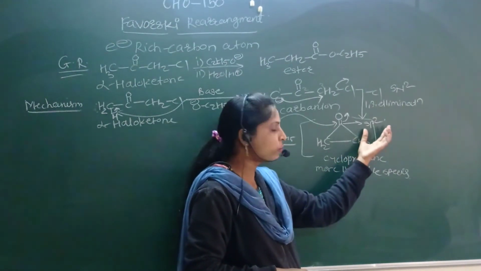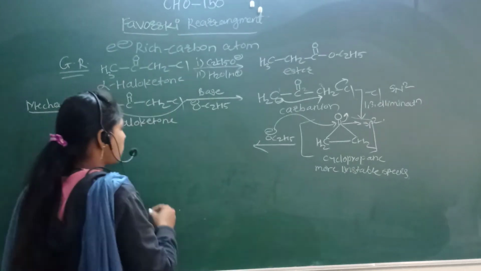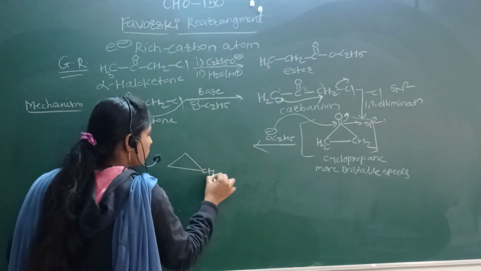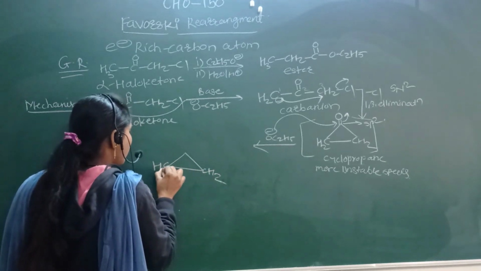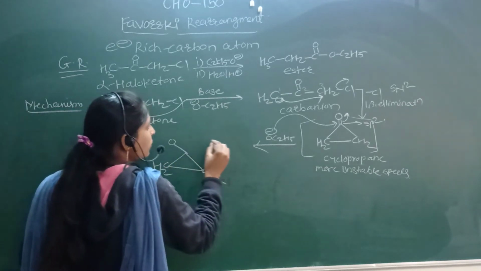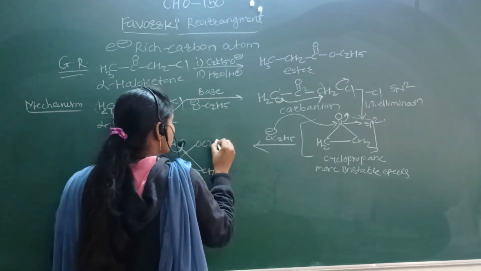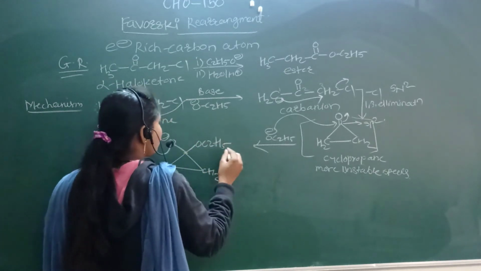Angle strain and the presence of the sp2 carbon. So formation in the next step, the CH2 as it is. Here is the formation of O minus and here the addition of ethoxide OC2H5.